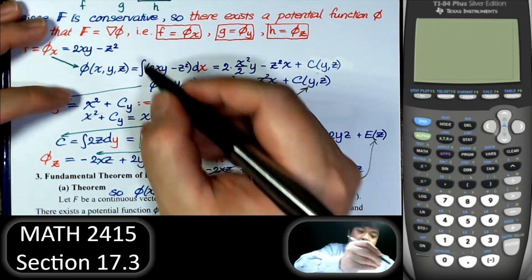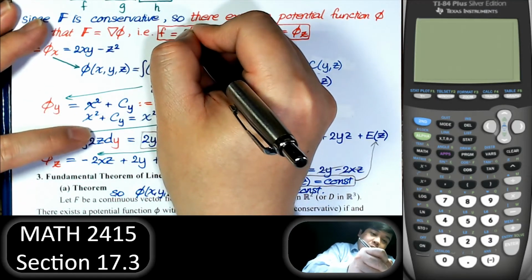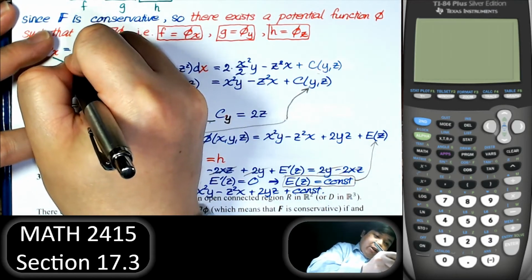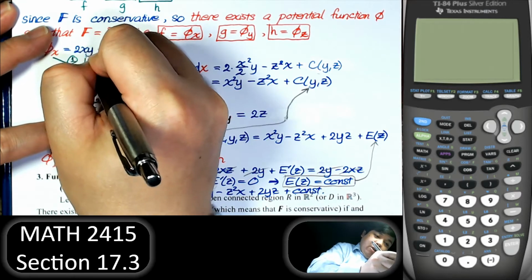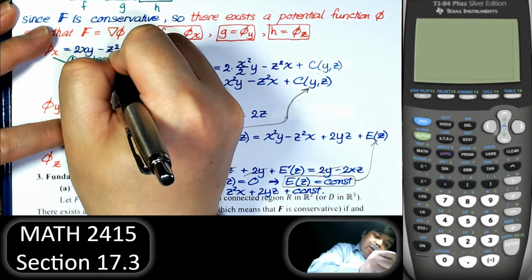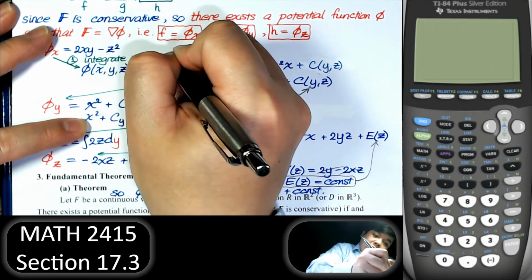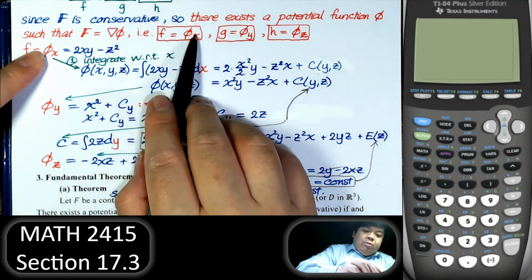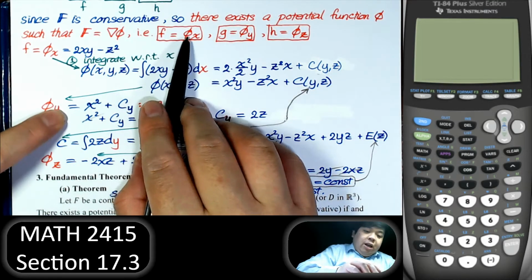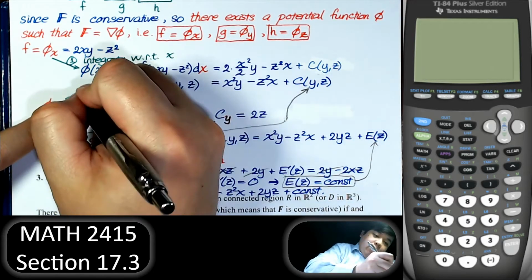So essentially, the first step is integrate with respect to x to undo this, get back to the function, and then we differentiate with respect to y.